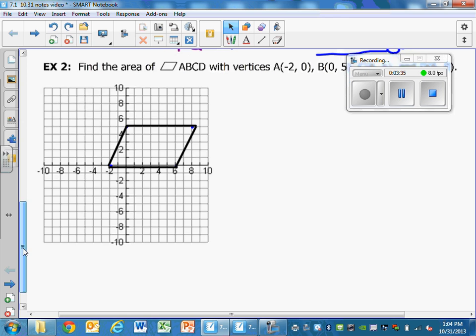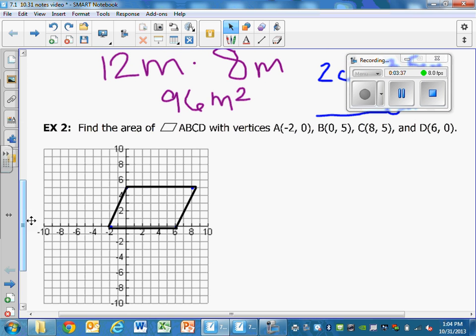So if I scroll down, that's all of the question. It says find the area. In order to find the area, I need the length of the base and the length of the height. I could use the distance formula, but since this is a more basic problem and it fits right on the x-axis, I can count how many spaces it is. So the base will be 1, 2, 3, 4, 5, 6, 7, 8.